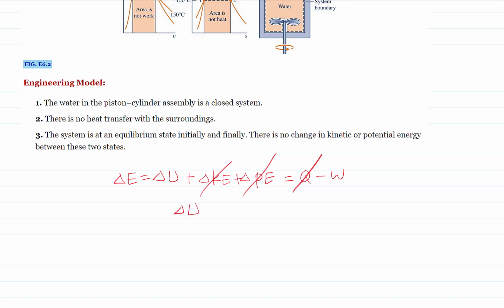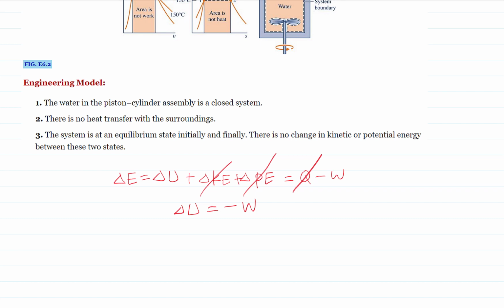So the internal energy change of the system equals negative W. There are two types of work associated with the process: boundary work and paddle wheel work.